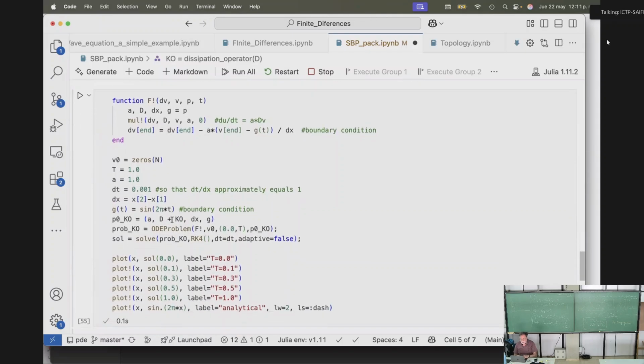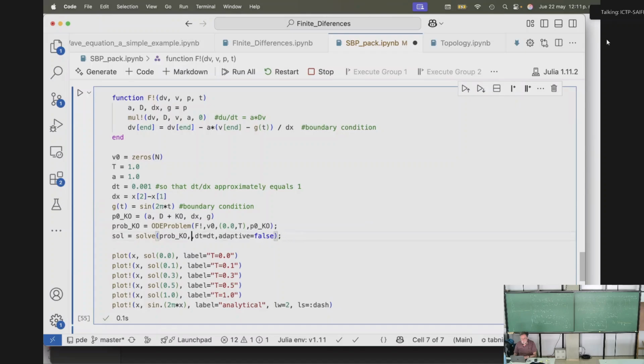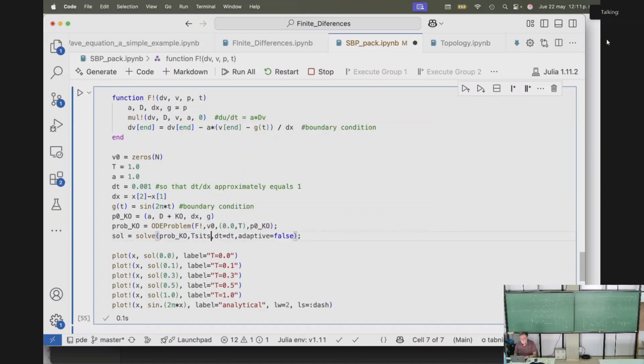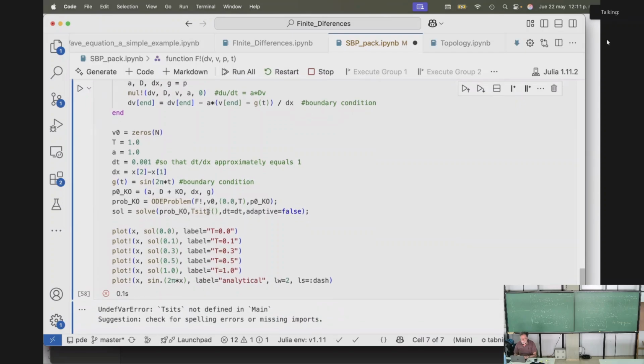And we can change here the derivative, the time integrator. I think it's like this. No. This. I don't remember what the name of this thing is.